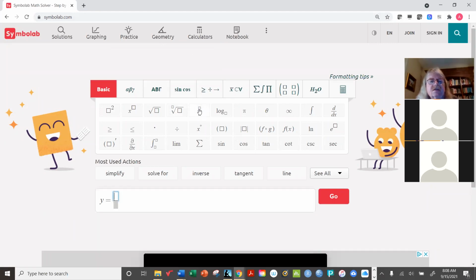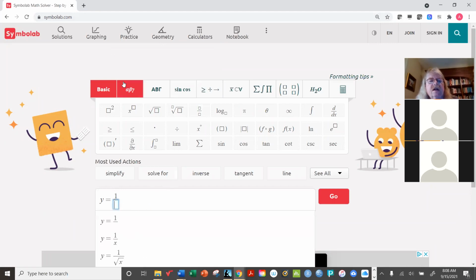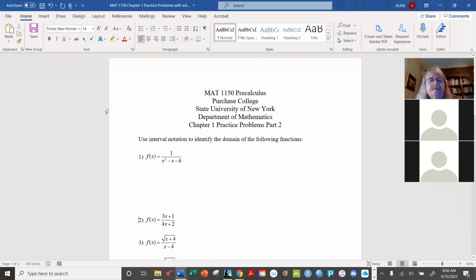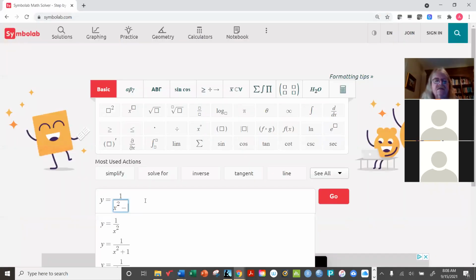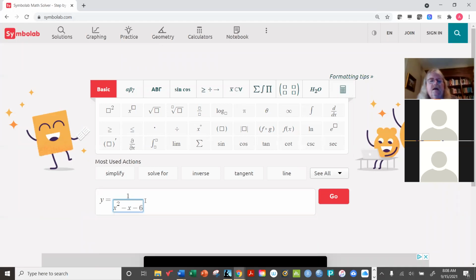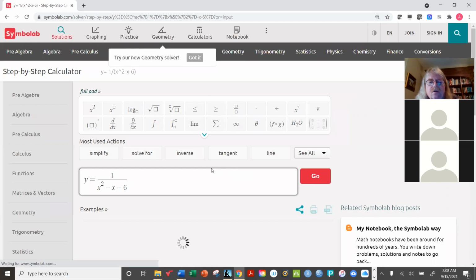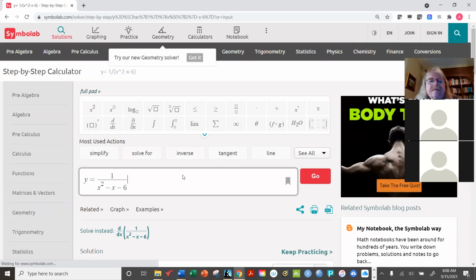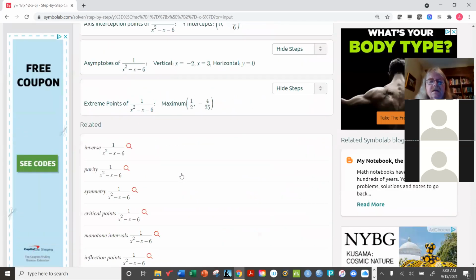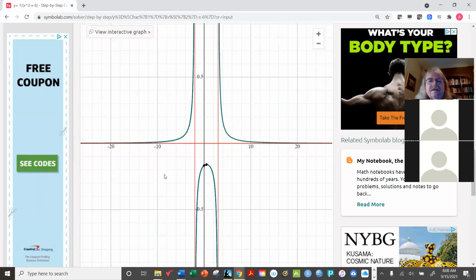All right, so let's see. This one was 1 over x squared minus x minus 6. All right, so on the graph, it should be clear if there's any holes, so to speak, in the domain, it'll show up as asymptotes. So for example, you can see there's 2 values of x that are going to cause us trouble.